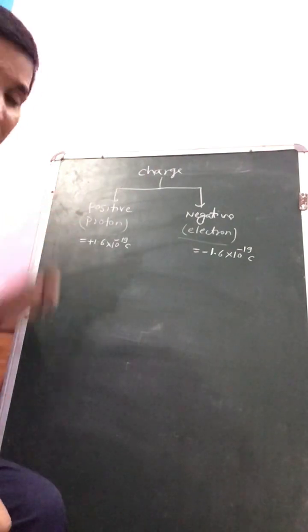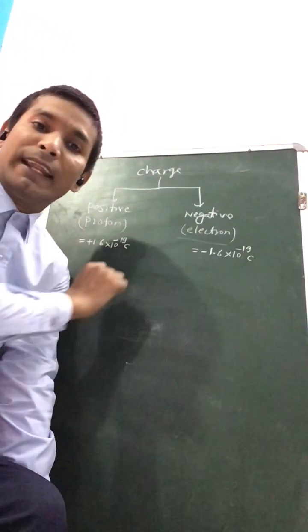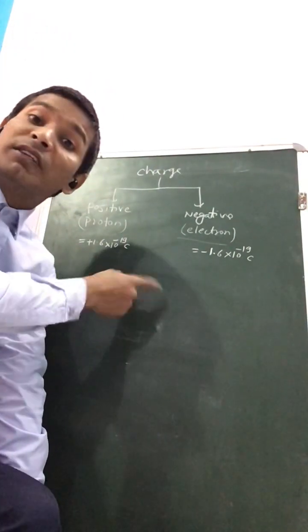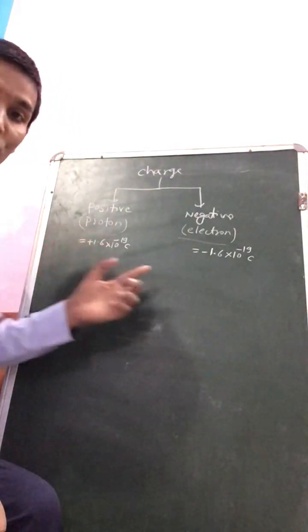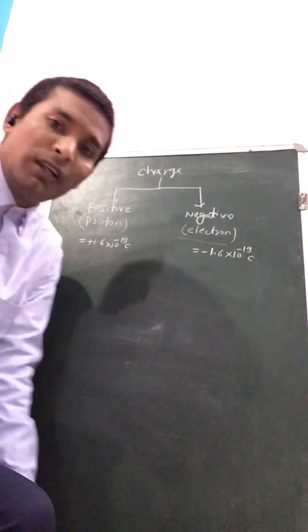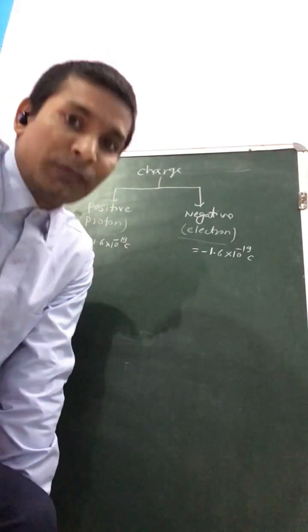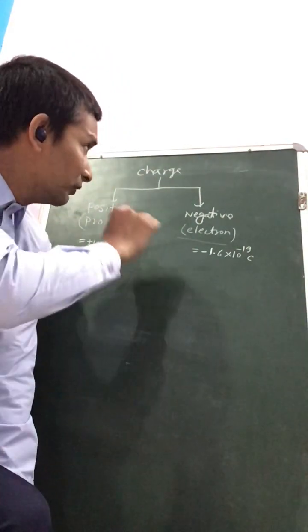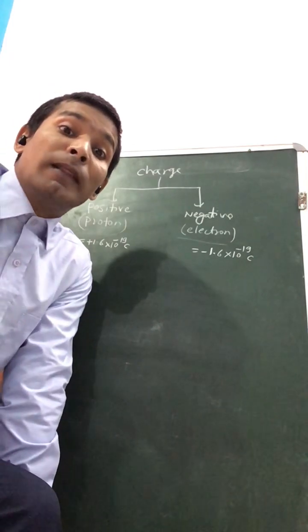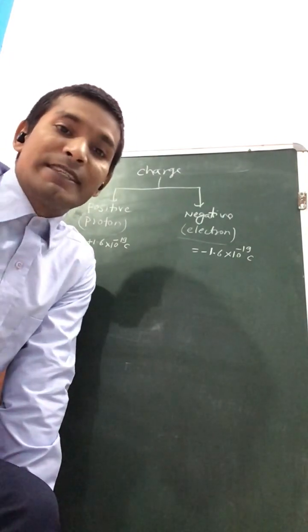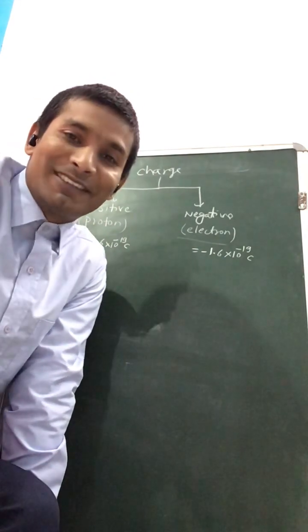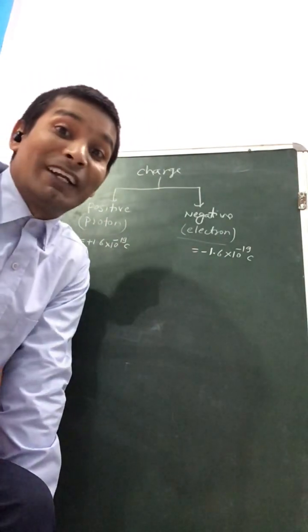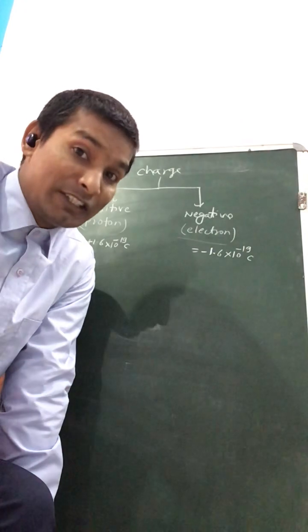See here, the charge on proton and electron is equal but opposite in nature. Positive on proton, negative on electron. So these both charges are opposite to each other, their nature is opposite to each other, right?